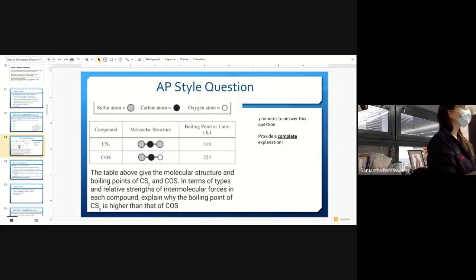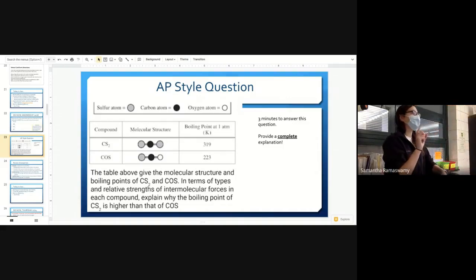CS2 has a higher boiling point. So if you think about it, a higher boiling point would actually mean what about CS2's intermolecular forces compared to COS? They're stronger. So you have to answer questions based on the data. CS2 actually has stronger intermolecular forces than COS.